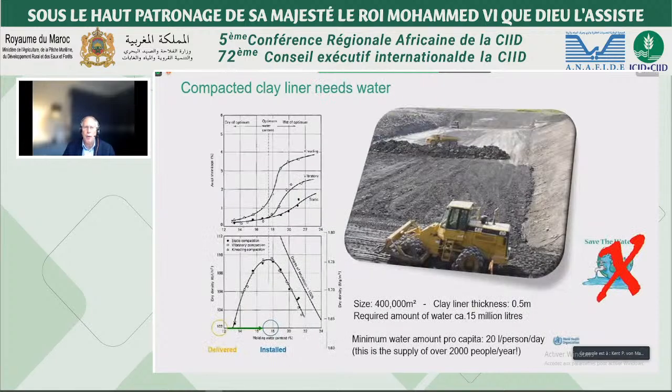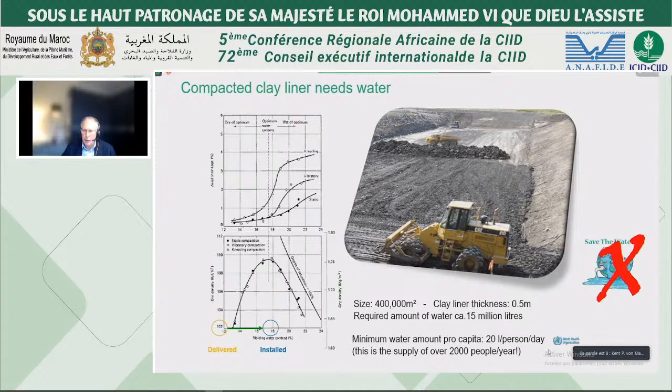But the main thing we need with a compacted clay liner is you have to add water. And without going into details, if you want to add a dry clay and get it to optimum moisture content, you have to add a lot of water. In this size of 400,000 square meters, you're going to have to add 15 million liters of water, which, as I just showed you in one of the first slides, is needed for other purposes, basically for people.